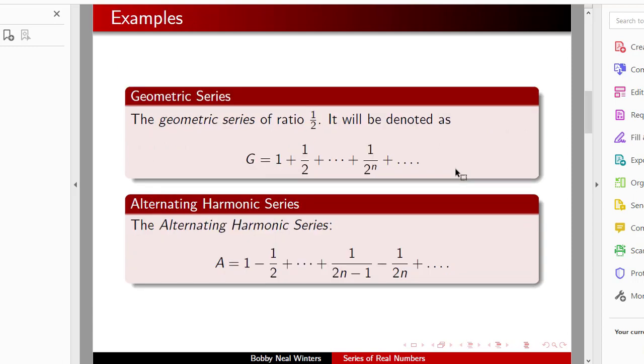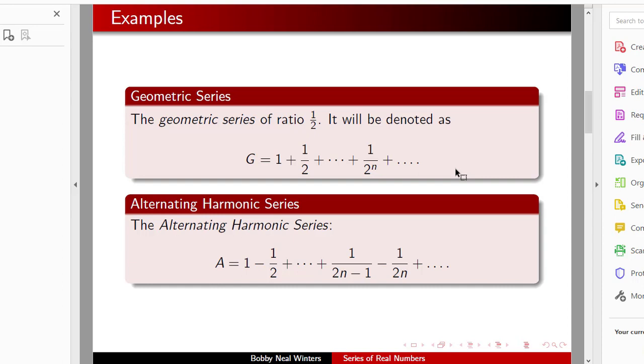So there are two examples that I want to talk about in this lecture. One is a geometric series of ratio 1/2, G equal to 1 plus 1/2 plus 1/4, and each time we cut the value of the term in half.